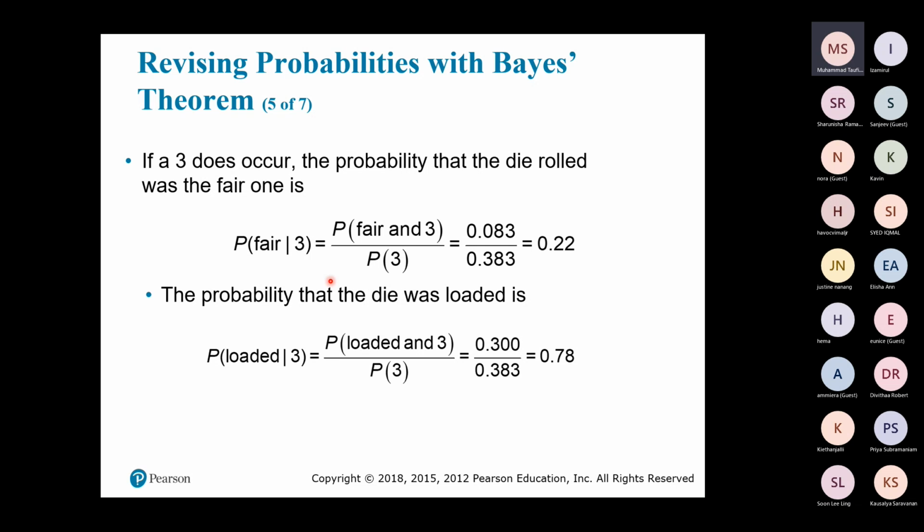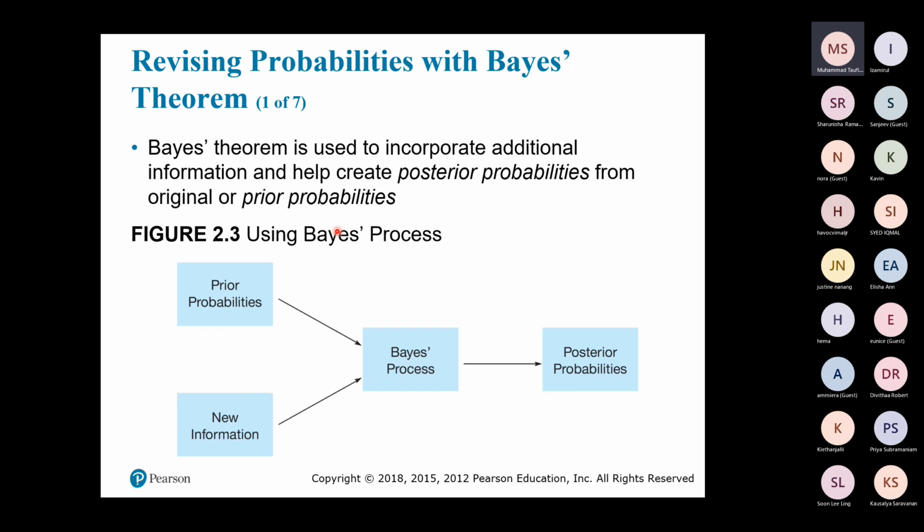Untuk kira kemungkinan yang dadu yang kita baling tu adalah dadu yang normal, bila kita dapat nombor 3 daripada hasil balingan kita, kita kena guna formula yang sama.